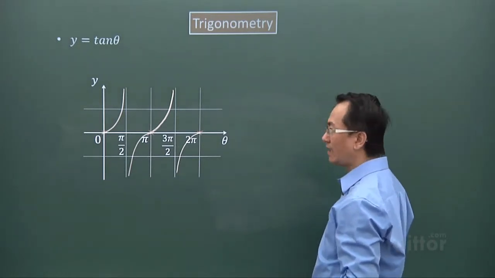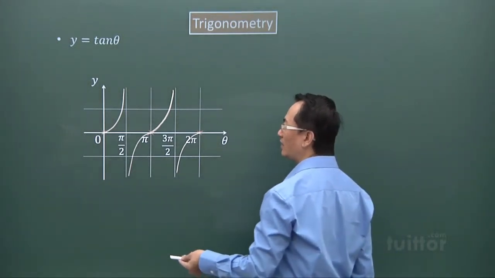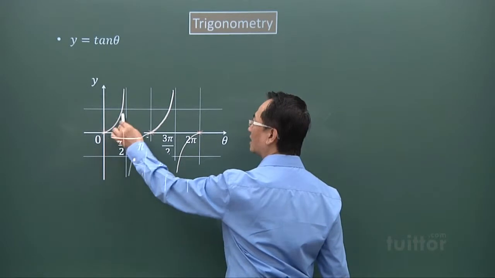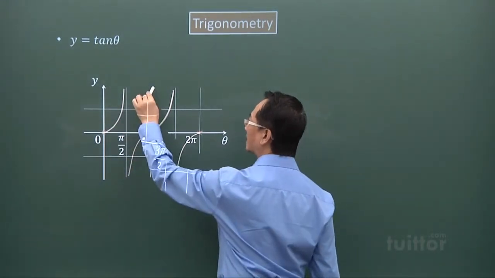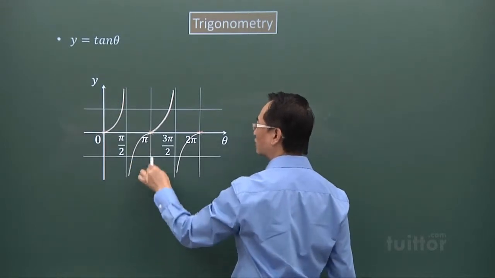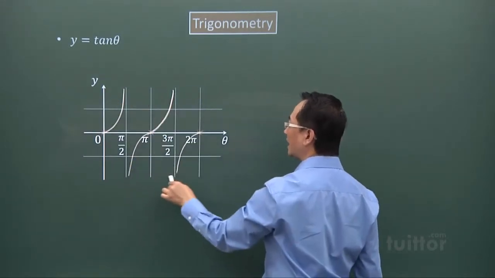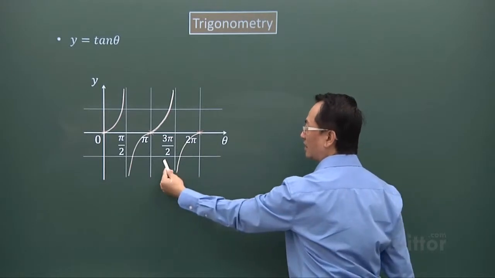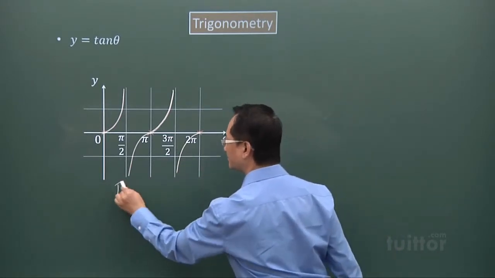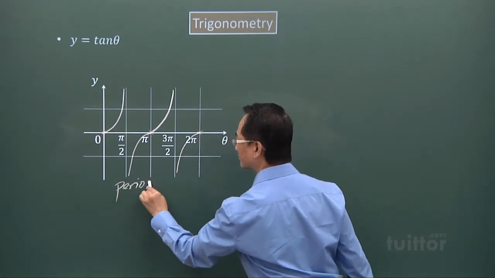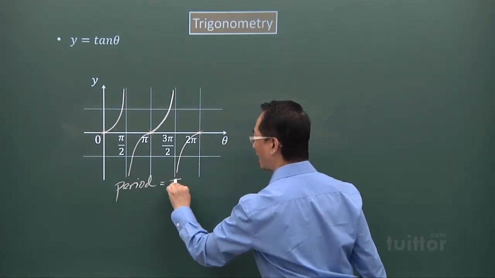If you are looking at the period, you can see this portion repeating itself. So basically, what you see in the first 2 quadrants is repeated in the third and the fourth quadrant. So the period will be pi.